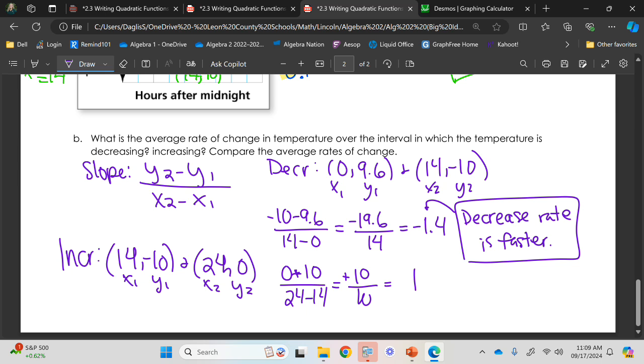Honestly, if you did negative 10 minus 0, that's fine as long as what's under is 14 minus 24. So yeah, you can do it the other way, you'll get the same thing. Yep, as long as your 14 and negative 10 are stacked on each other, and your 24 and 0 are stacked on top of each other. Okay? Any questions for me? All right, good job.